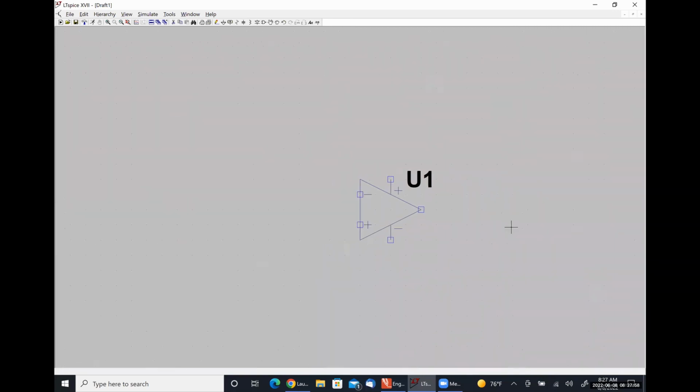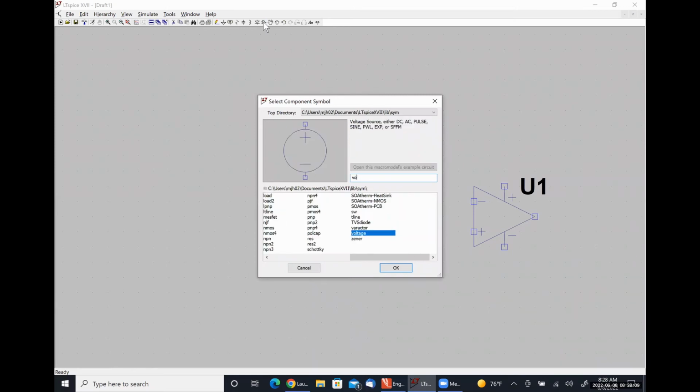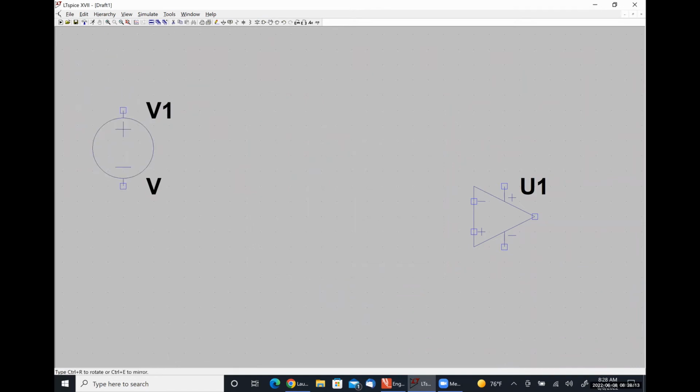What I'm going to do now is move my circuit over here to the right, and then add in several voltage sources. I'm going to add in my power supply voltage sources first, and I'm going to show you how I do this and why I do this in a particular way.